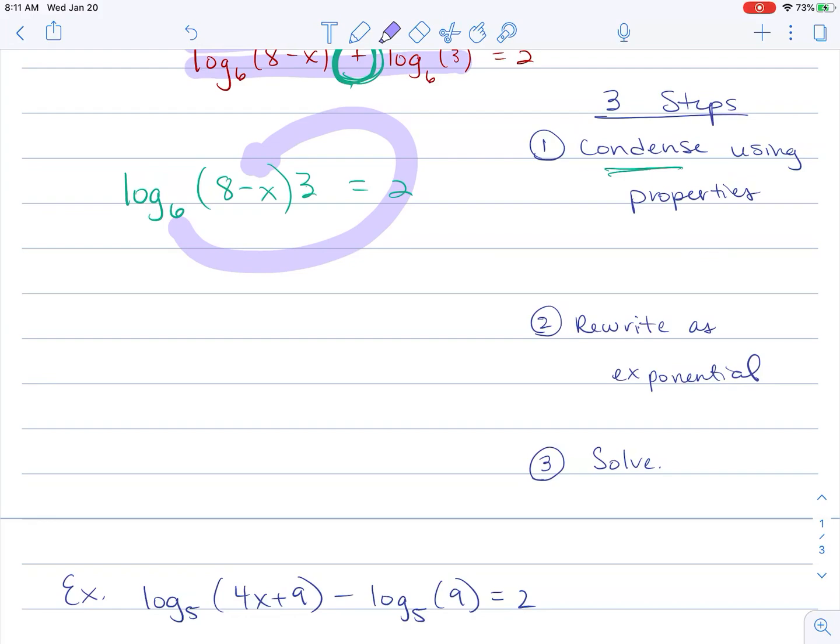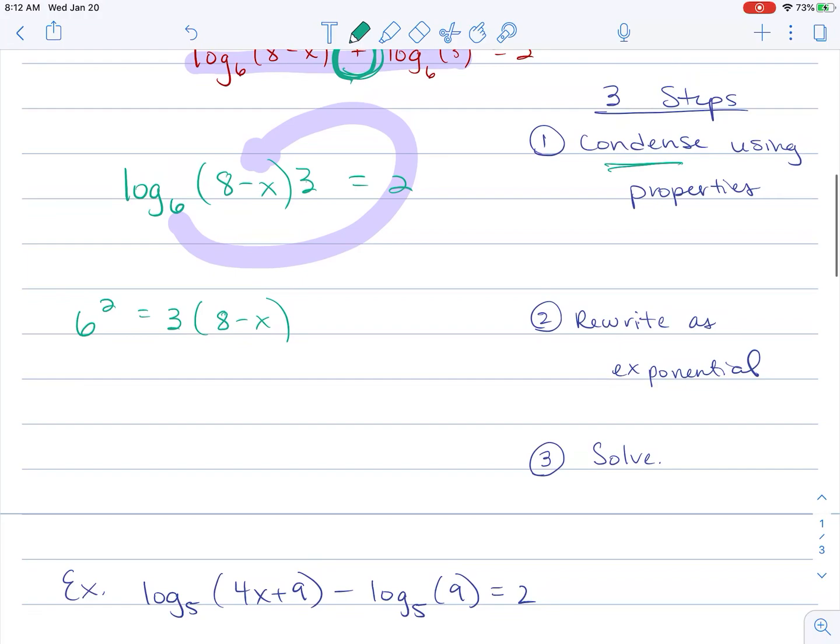then the exponential equation would look like 6 squared equals, I'm going to move that 3 to the front just because that's more familiar to me with the distributive property. And then I'm going to go ahead and, you can do this two ways. You can distribute the 3 if you'd like here, or you could divide it out.